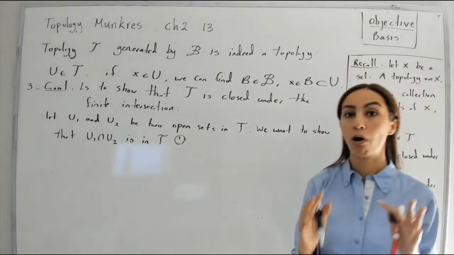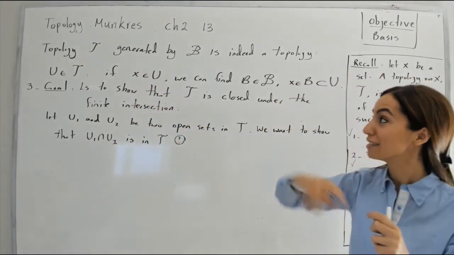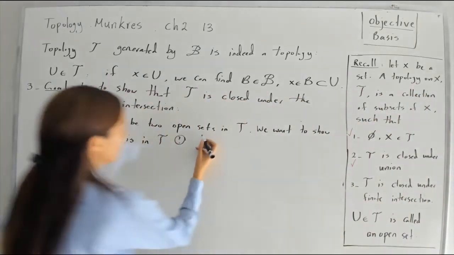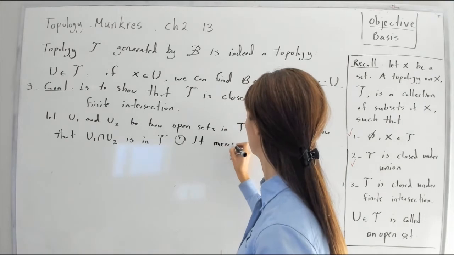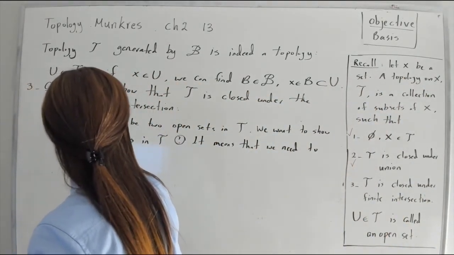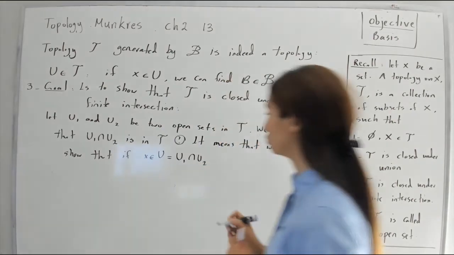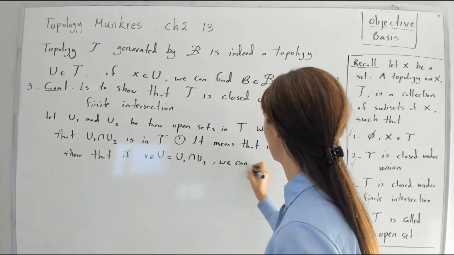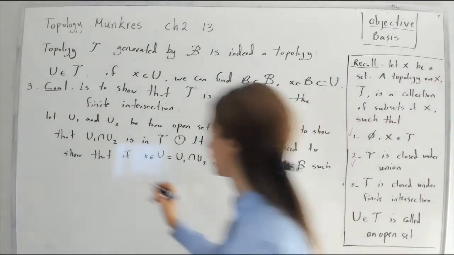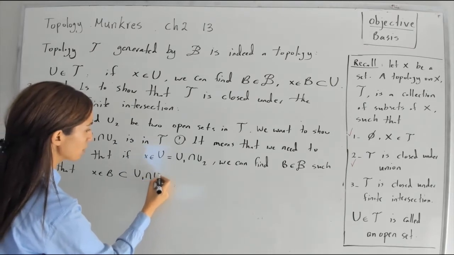Following the definition of a topology generated by a basis, we need to show that if X belongs to U, which is the intersection of U1 and U2, we can find a basis element B such that X belongs to B and B is a subset of U1 intersection U2, which is our U.